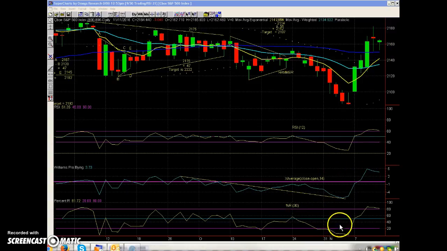Also, percent R is once again below 80% here on this chart, and so we have some strength in the market, at least on the daily chart, and it's also being reflected on the weekly.